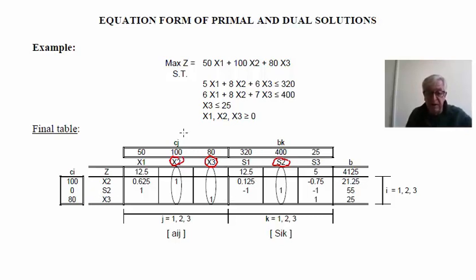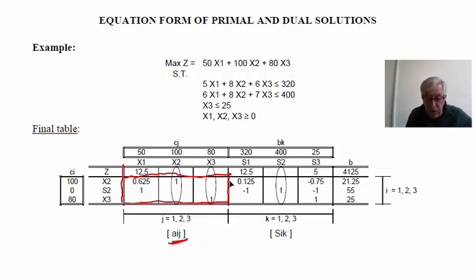That is, the part associated to the decision variables, which we call Aij. We use index I for the lines. The line of the first restriction is line number 1, the line of the second and the third. Then we use the j for the columns. Column 1 corresponds to x1 and 2 for x2 and so on.